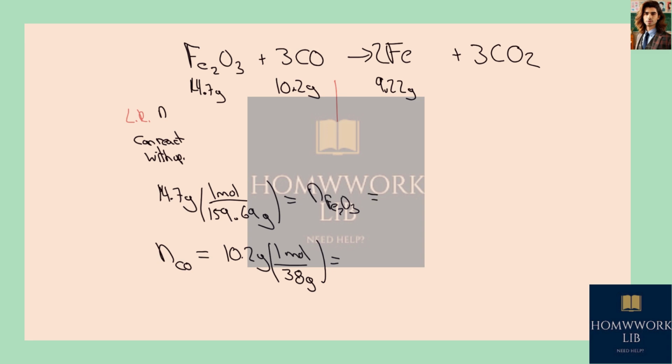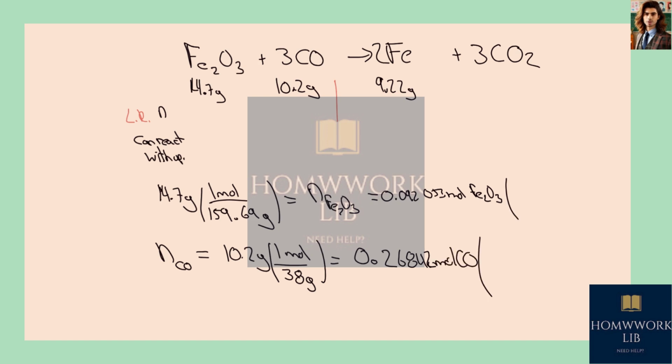So the result for each of them is going to be 0.092053 mole of Fe2O3, and in the other case we're going to have 0.26842 mole of carbon monoxide.